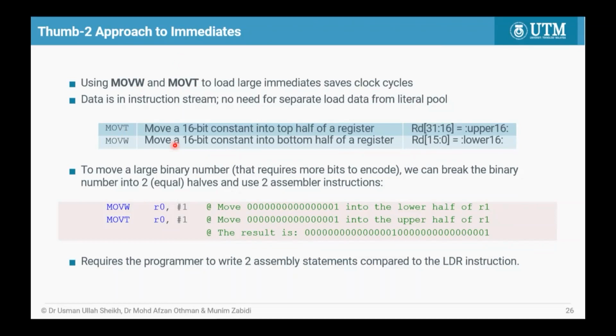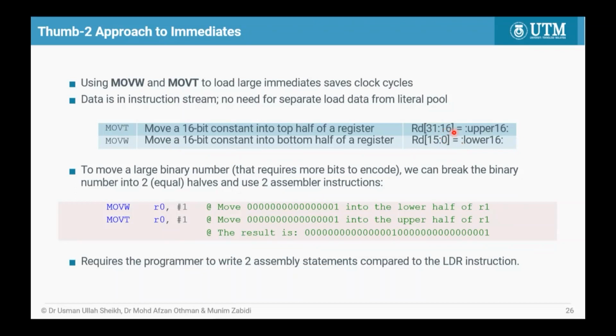So this is what happened. You see Rd bits 31 to 16 equal to upper 16, and Rd bits 15 to 0 equal to lower 16. Let's look at this example.